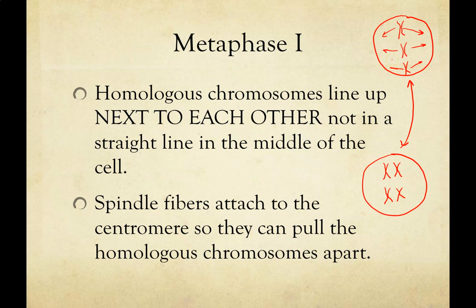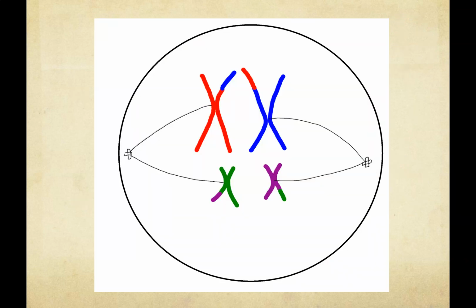But in meiosis, what's going to happen is this whole package deal is going to go that way, and this whole package deal is going to go that way. So watch. There they are. They're not on top of each other. They are now all next to each other. And what is going to happen is the whole pair is going to move.